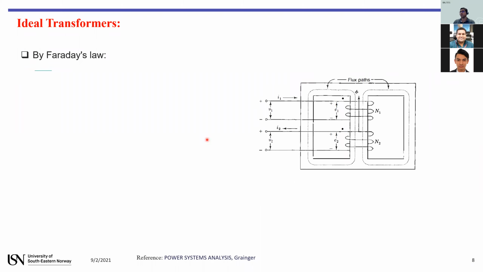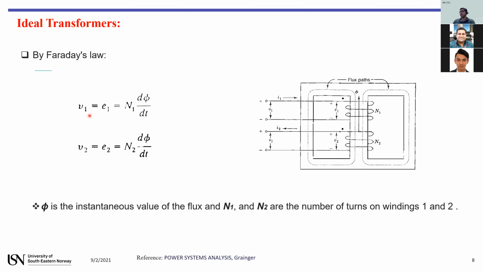Okay, for the voltage, what kind of relationship is between voltage on both sides? Based on Faraday's law, we can say the terminal voltage equals E1, the induced voltage, that is N1, the number of turns of this winding, times the derivative of phi, the flux here.